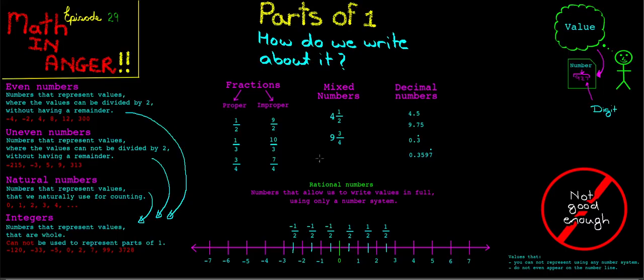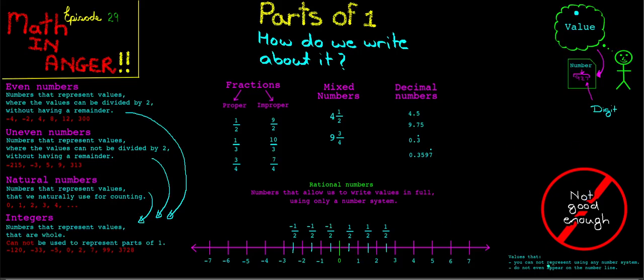But this way of writing values, remember, values are things that you are thinking about. This way that we write stuff that you're thinking about is not good enough.